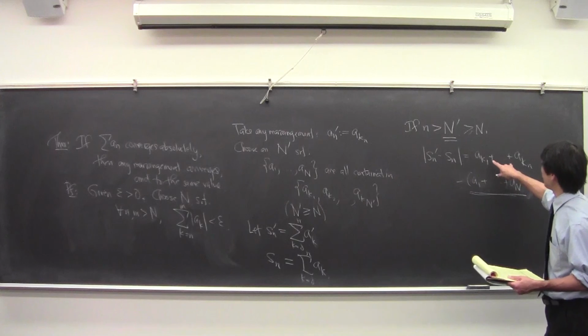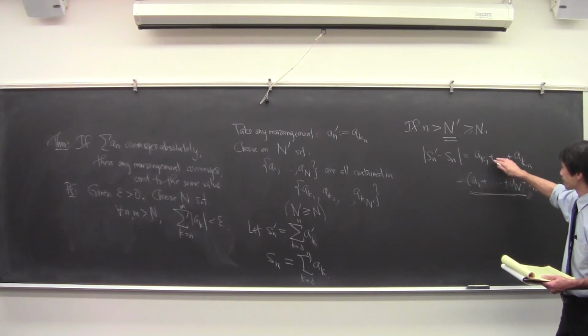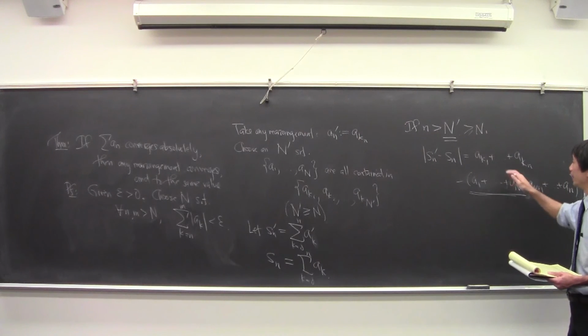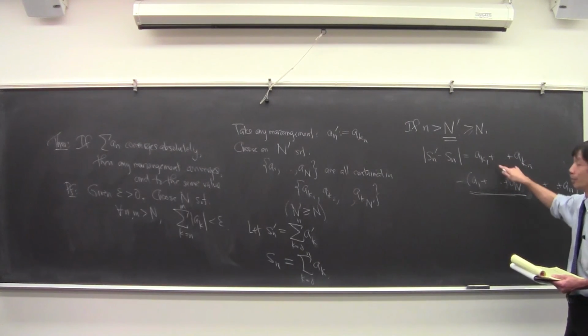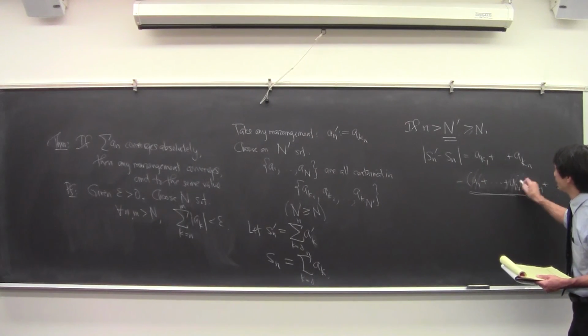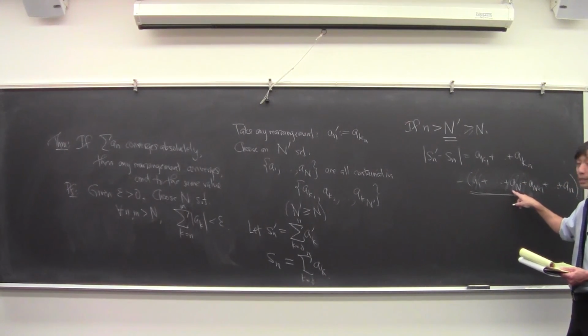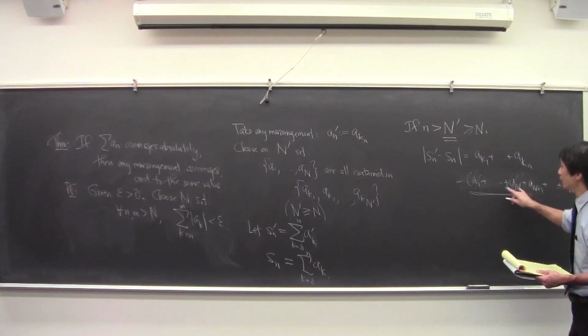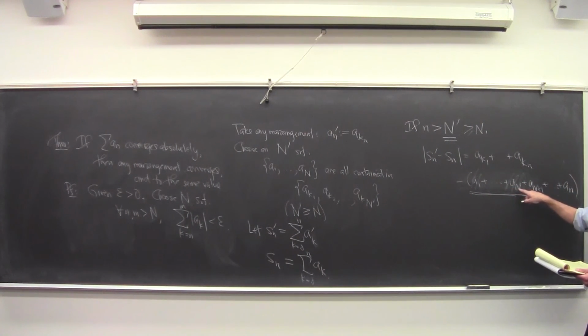So when you subtract off these, you have some cancellation, and you're going to end up with terms, some of them positive and some of them negative, but all of the terms' indices are going to be past capital N, right?